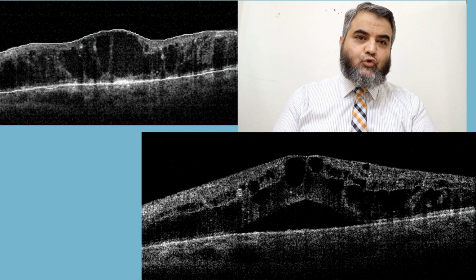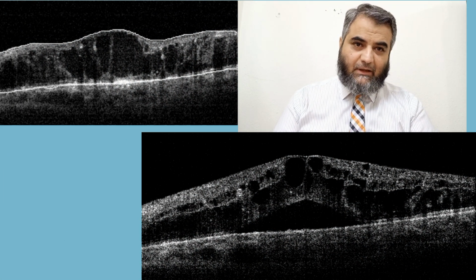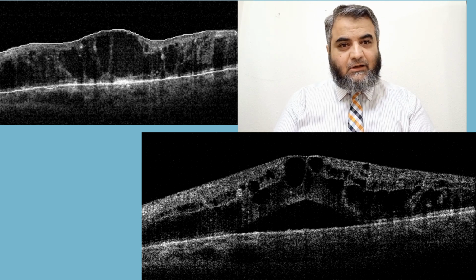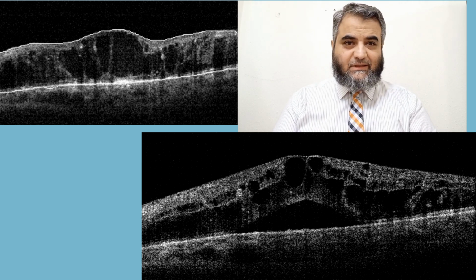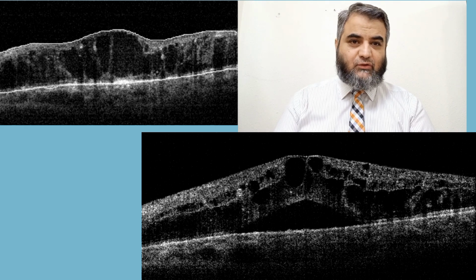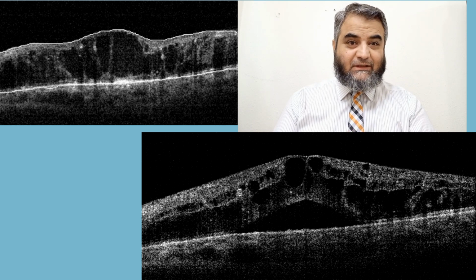Usually there are two complications. One is macular edema, and the second is new blood vessel growth. In this slide, we are seeing the macular edema. We can see accumulation of intraretinal fluid, thickening of the macula, and a cyst-like appearance.